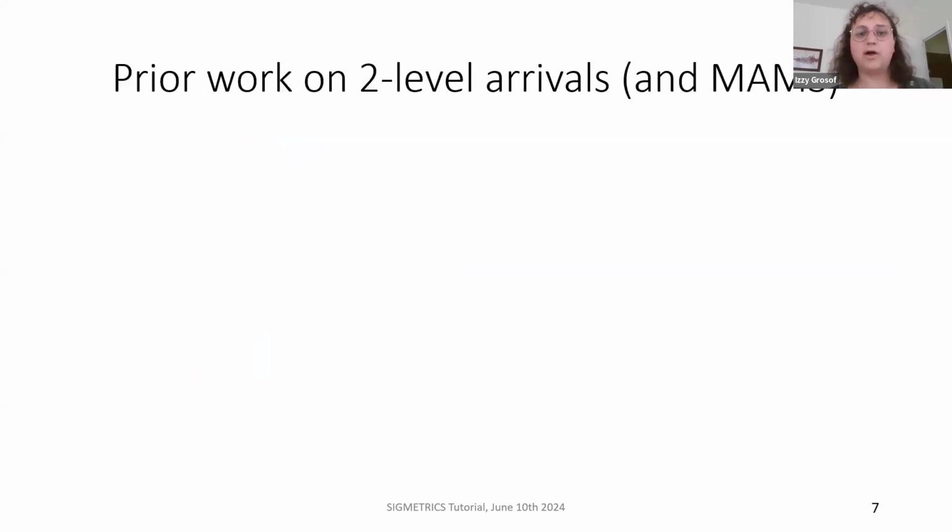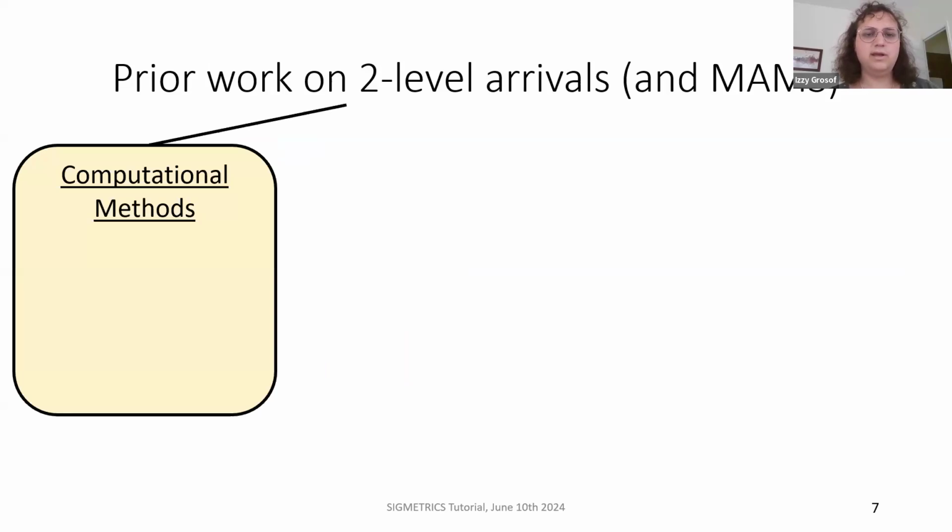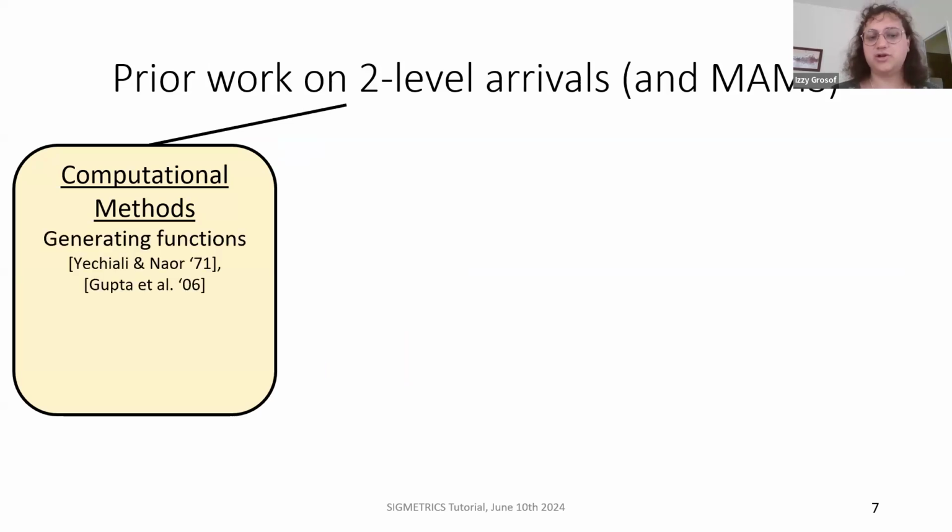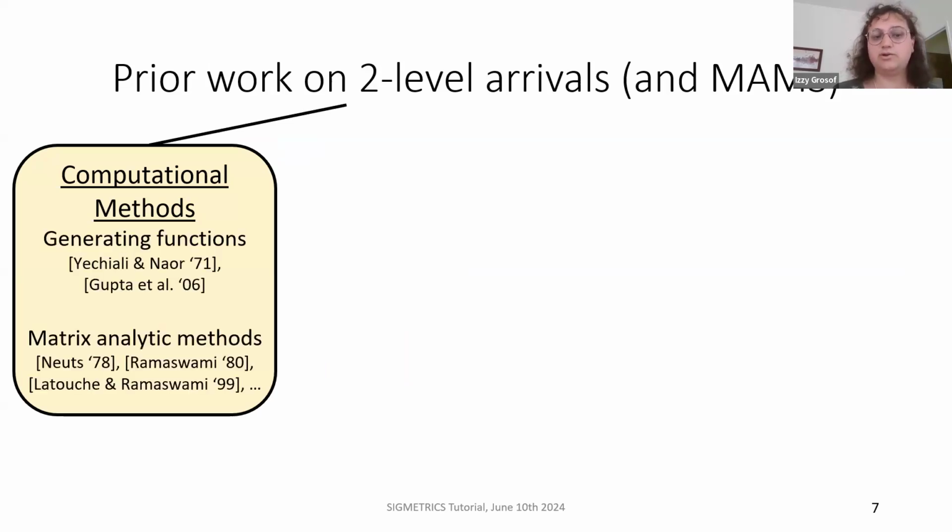So let me tell you about some prior work on this two-level arrival system and on the MAMS system more generally. One category of efforts is what I would call computational methods. This would be things like the generating function approach or matrix analytic methods. Now these are very good as far as they go. If you plug in specific parameters, you can chomp away at it and it'll output a computational result.